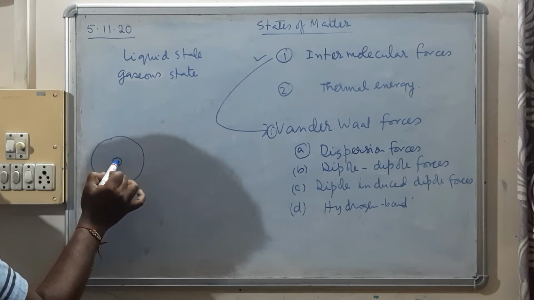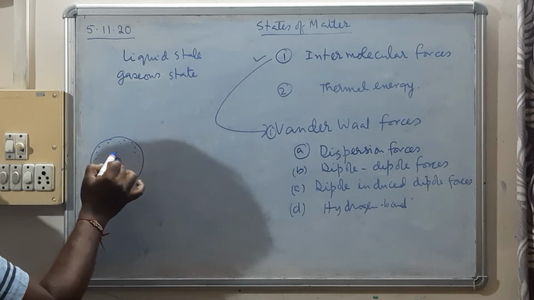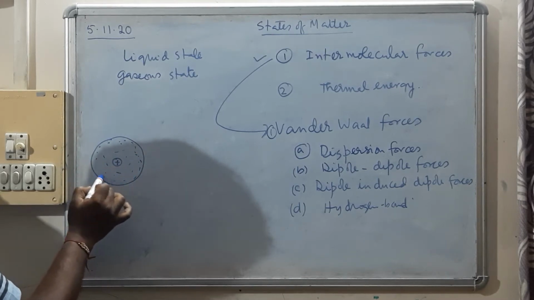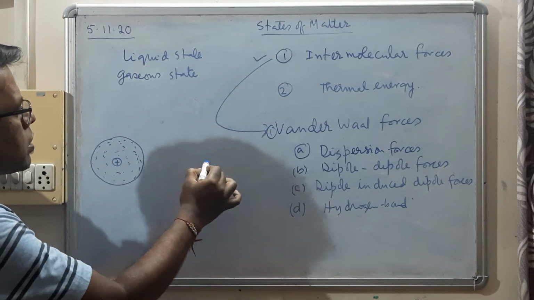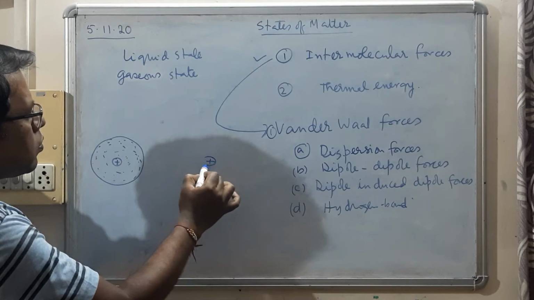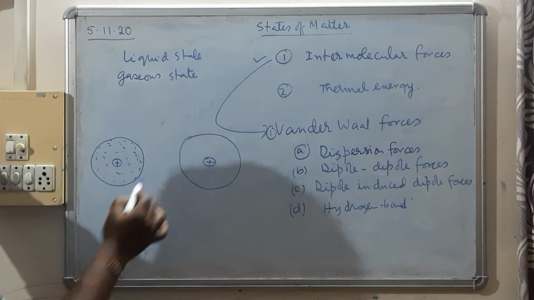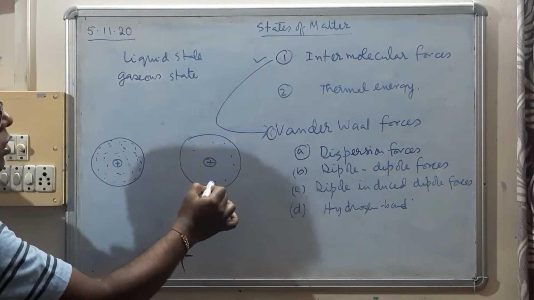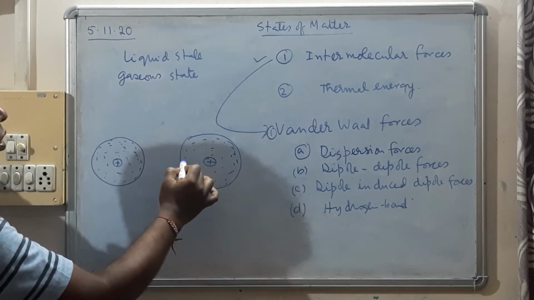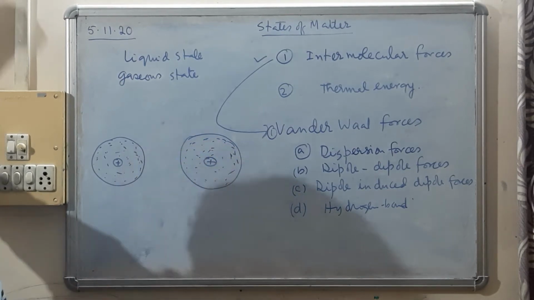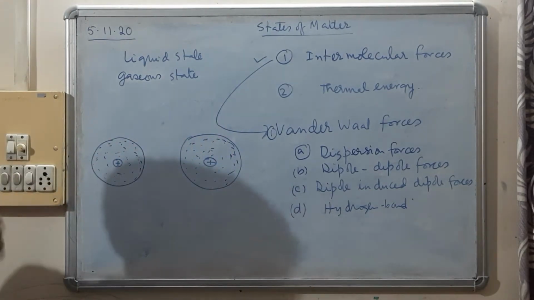There is a nucleus, and this is the distribution of electron, and say this is another atom, and this is the distribution of electron. Now, as you can see, the distribution is symmetrical here, and here also it is symmetrical.